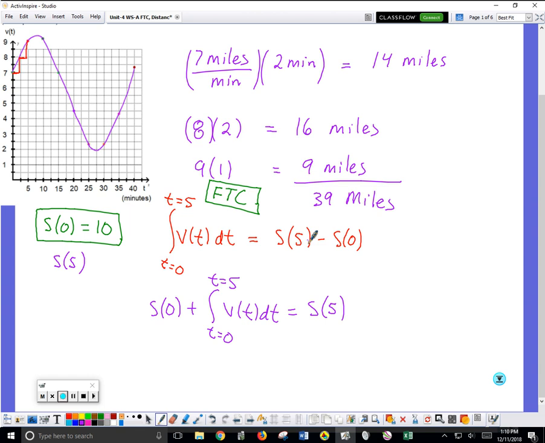For example, if I know S of 5 happens to be, in this case, 49, and I know the position at time 0 was 10, then I certainly can just subtract them and know how much the position is changing over that time period.